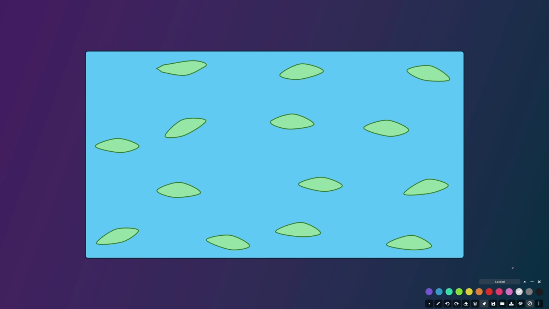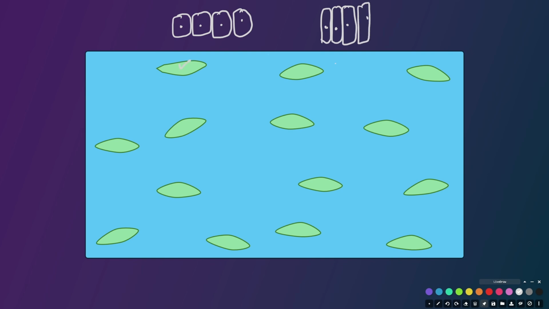You compare it with epithelium, which has a very specific shape. For example, epithelium may be cuboidal, or columnar, or squamous. But the cells in mesenchyme are irregularly shaped. You see, this is an irregularly shaped cell.